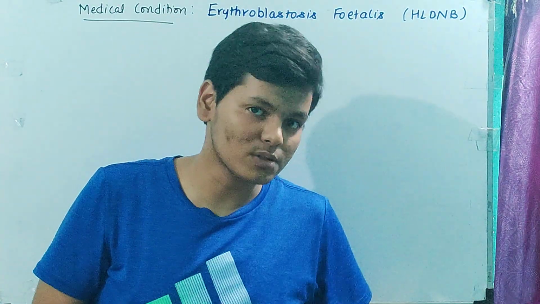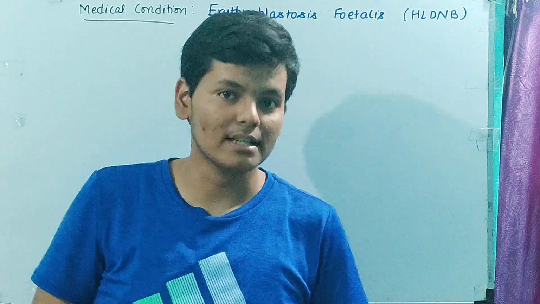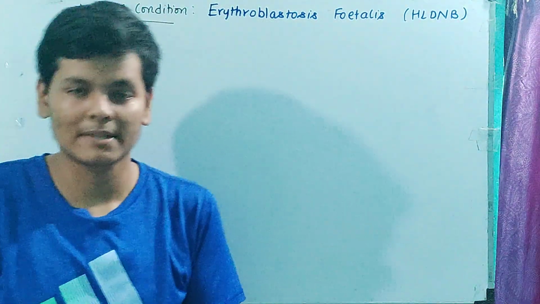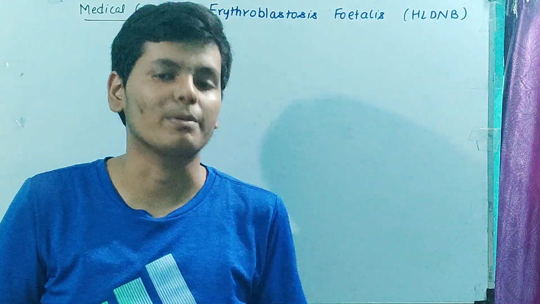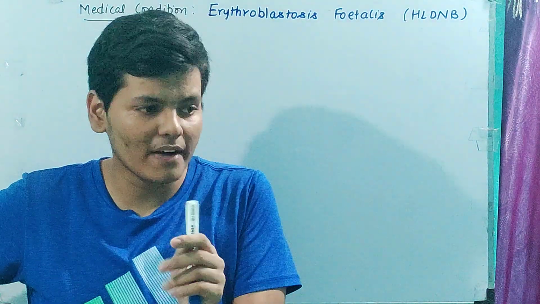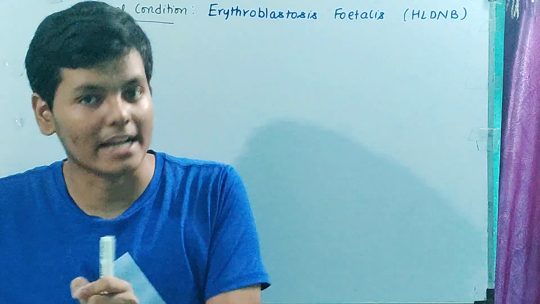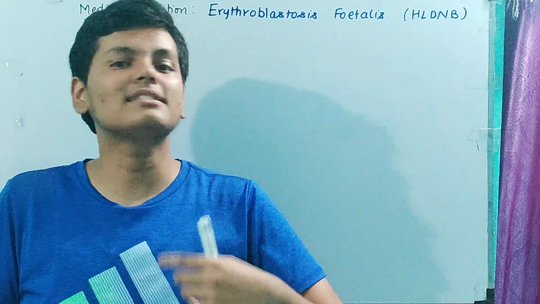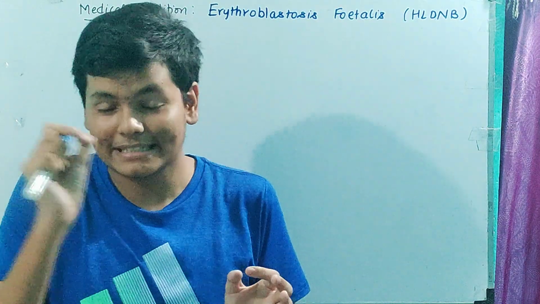There are many reasons for this, but one of the main and most important possible reasons is called Erythroblastosis Foetalis. Now, to understand this, we have to understand the concept of RH grouping. In the previous video, we learned about RH groupings and identified that there are two types of RH. One is RH positive and one is RH negative. What is RH? RH is nothing but an antigen on any person or any cell.